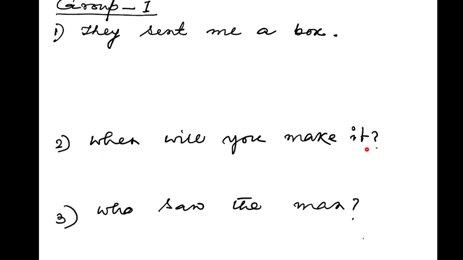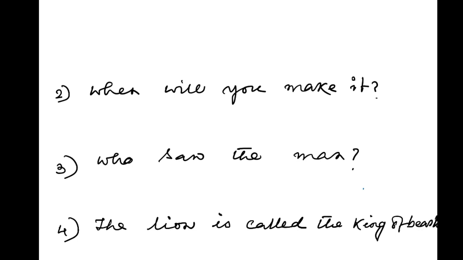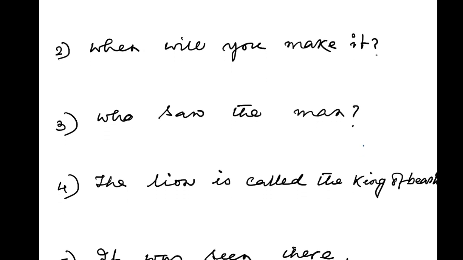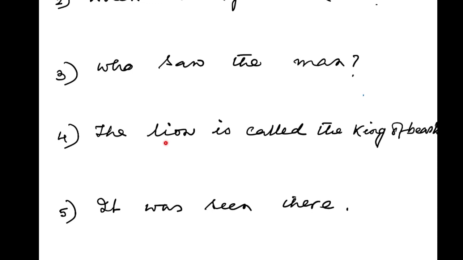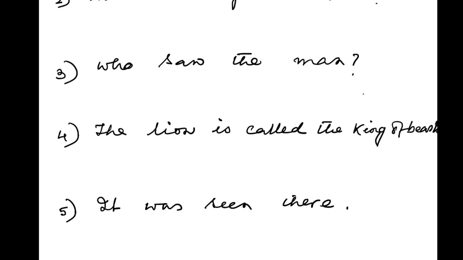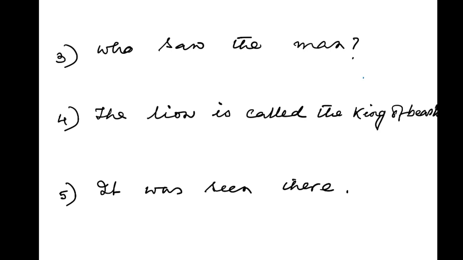And number 3, who saw the man? And number 4, the lion is called the king of beasts. And number 5, the last sentence of this group is, it was seen there.